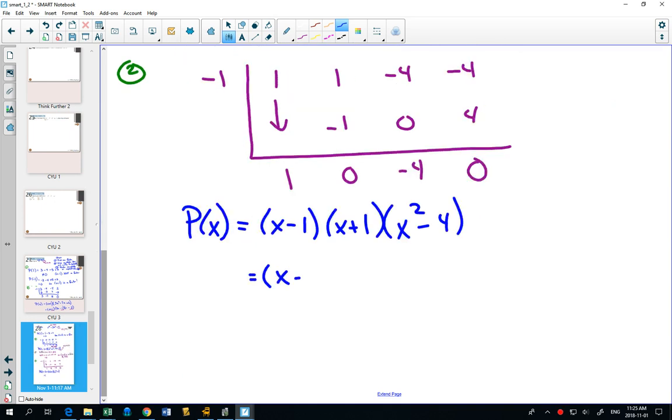And now we can factor this completely, because it's a difference of squares. Oh, good. Found it.